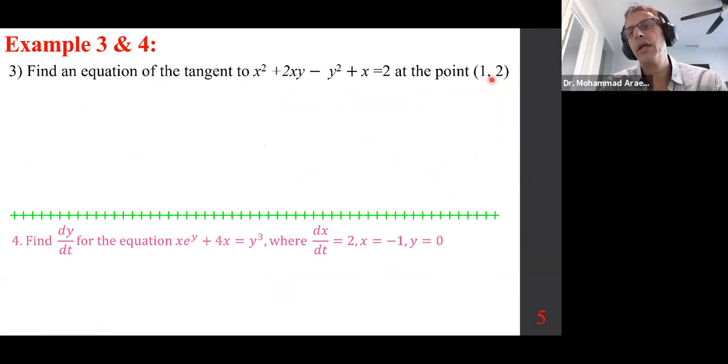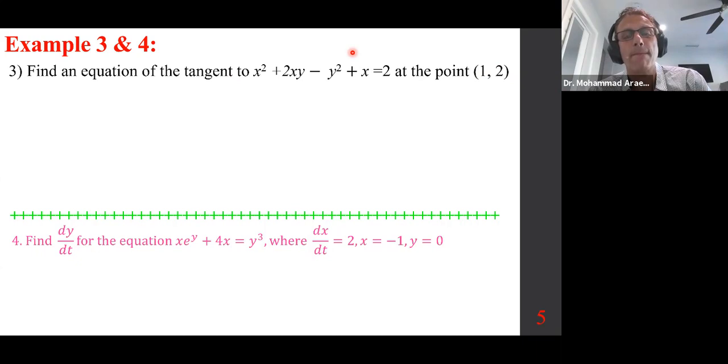We need a pair x comma y, which is given as (1, 2). We also need the slope. In order to find the slope, first we have to differentiate, and then we have to plug in. So first, differentiate implicitly. Let us differentiate implicitly.